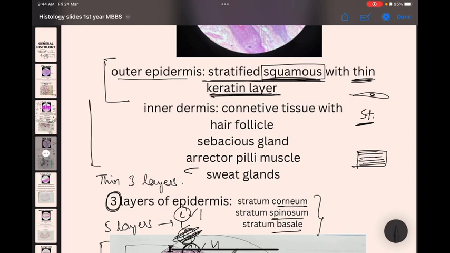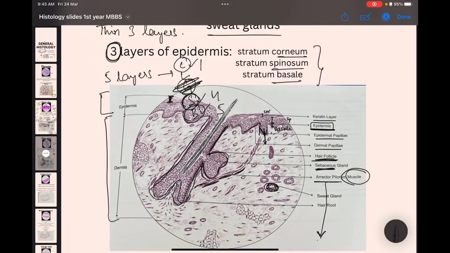Inner dermis contains hair follicle, sebaceous gland, erector pili, sweat gland. See, dermis is containing hair follicle, sebaceous gland, erector pili, and then sweat glands. Done. Very easy, right?